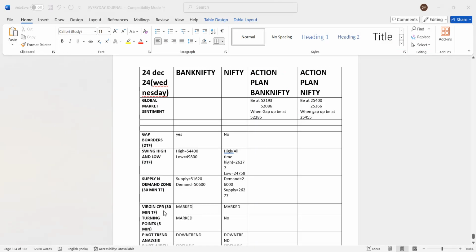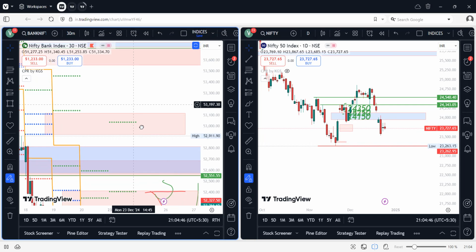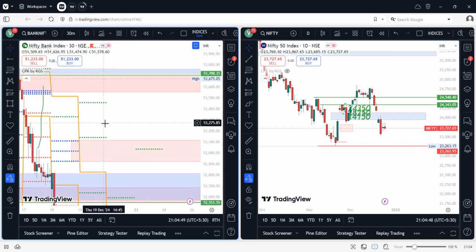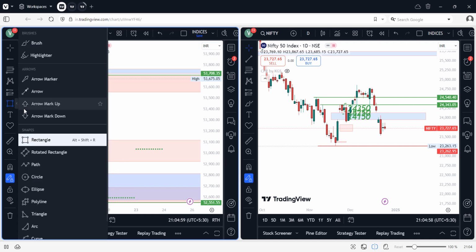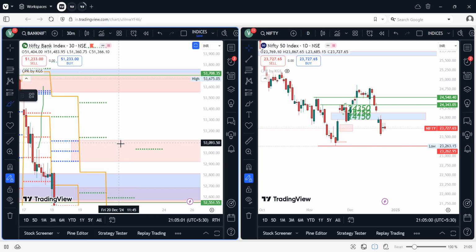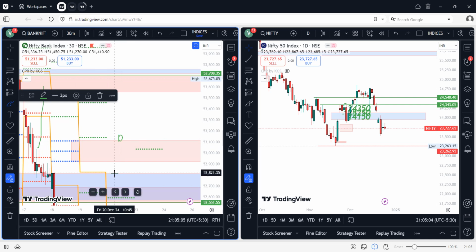Now, turning points. What is a turning point? For example, if there is a breakout from any important level, for example, breakout happened here. Price opened somewhere here, price came till here, there is a breakout and the breakout sustained.